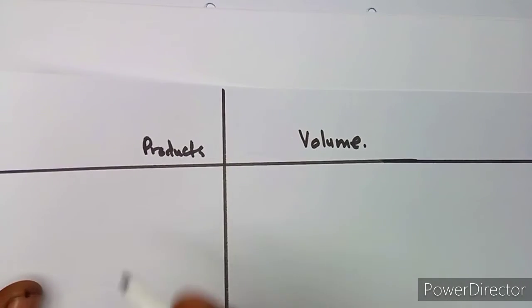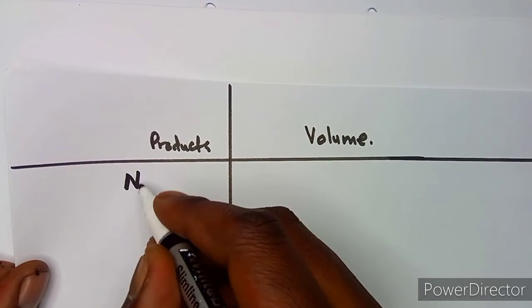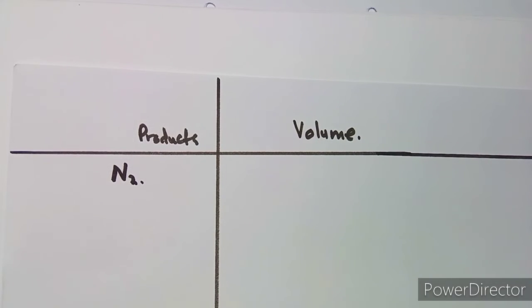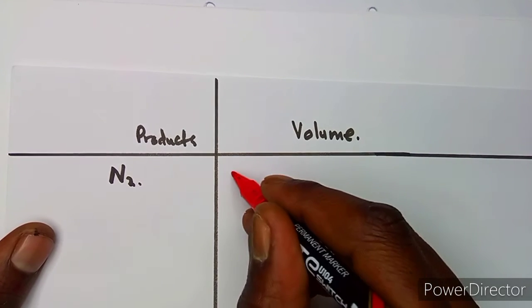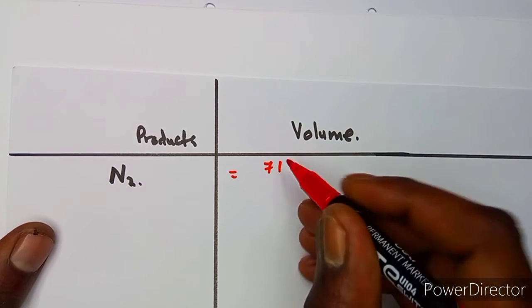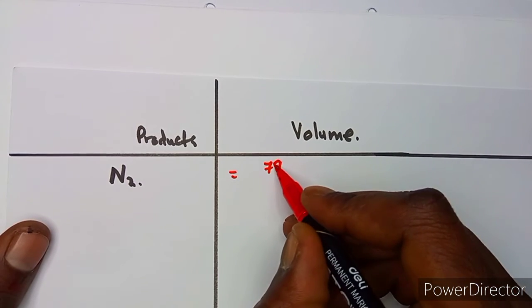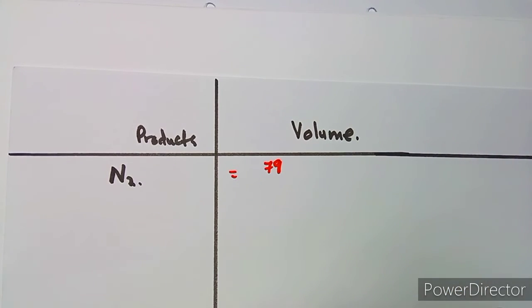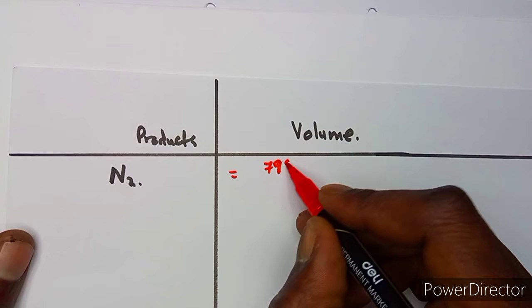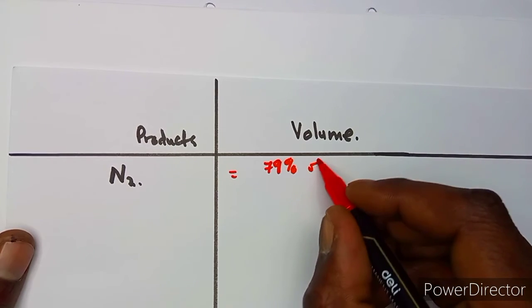So where are we going to have nitrogen? We actually need the volume of nitrogen. Okay, so remember nitrogen consists of 79%. Remember oxygen is 21%, and nitrogen is 79% of the air.